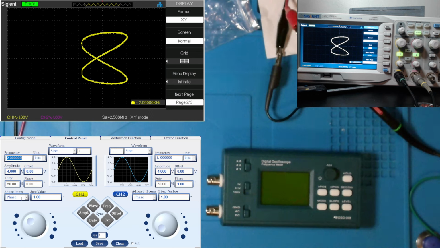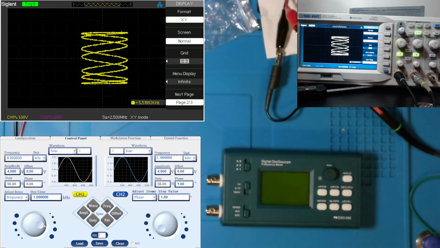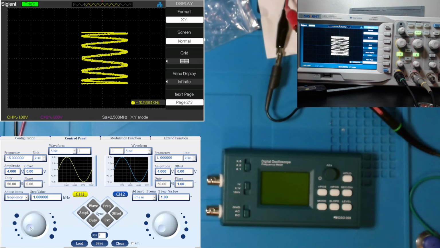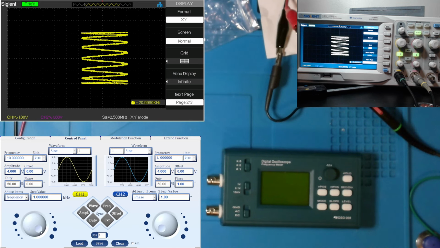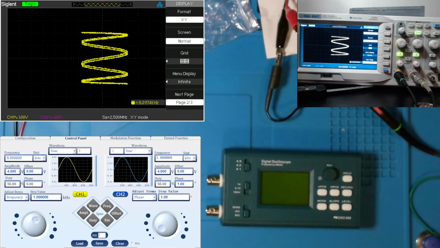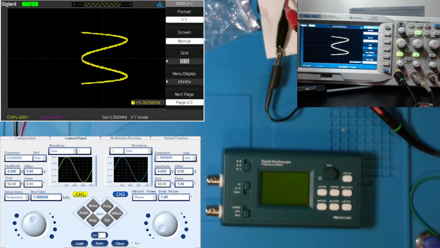We have a bow tie pattern. And let's see what happens as we continue to change that frequency. And it starts to get a bit jumbled up, but pretty cool things.